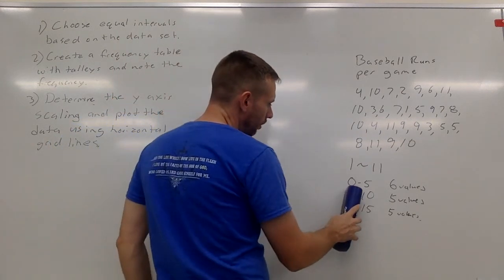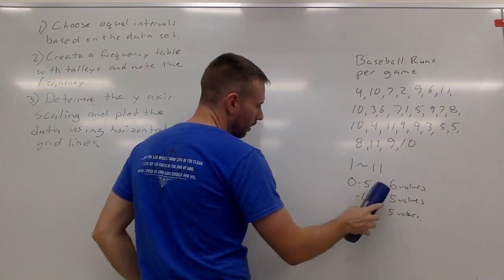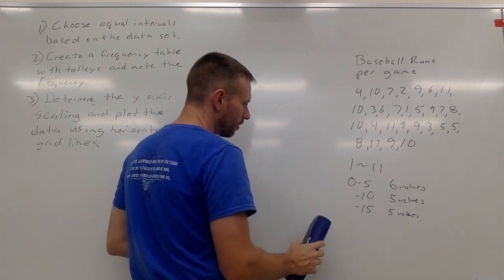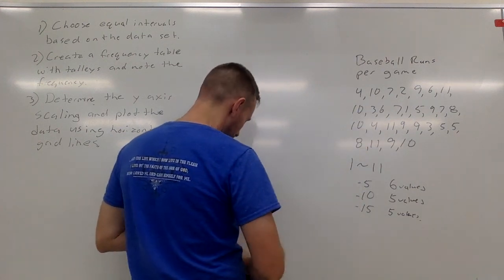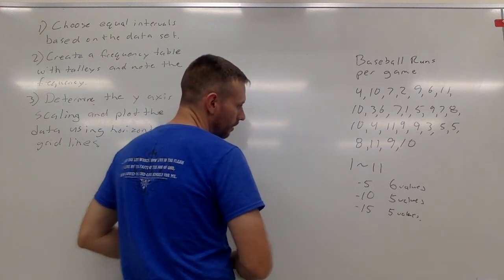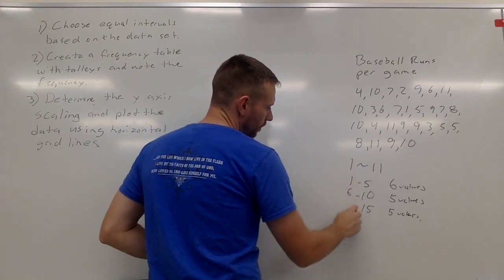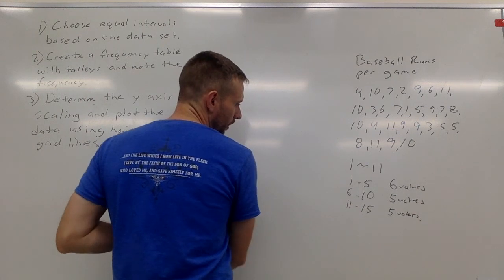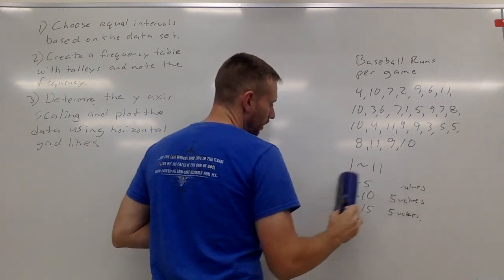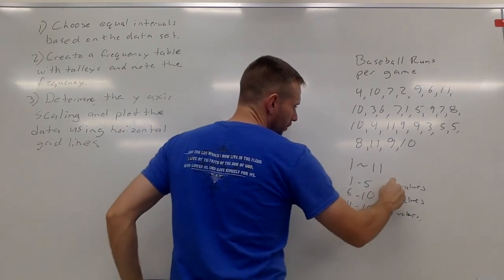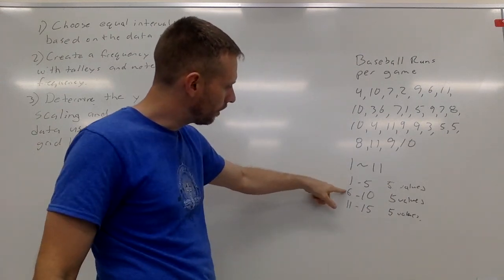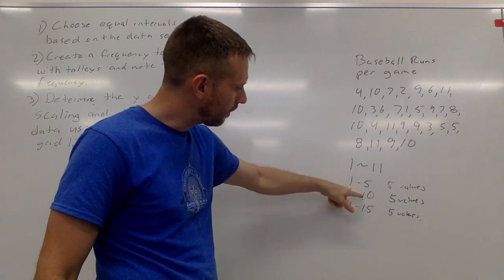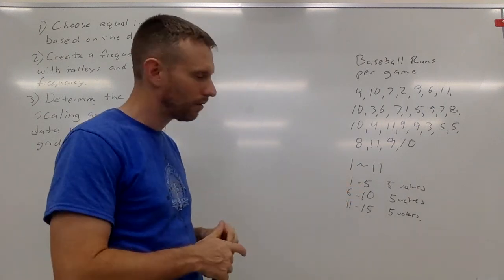Now, since that represents 6 values and I don't have anything that says 0, I could make this 1 to 5 and 6 to 10 and 11 to 15. If I do that, then I have 5 values in each. You can check there's 5 values between these numbers and 5 values between these numbers. That's one way to check it.